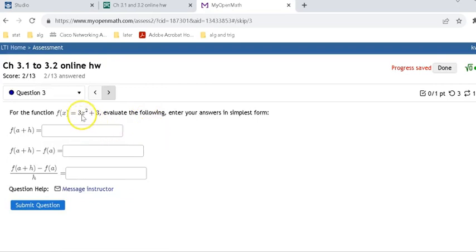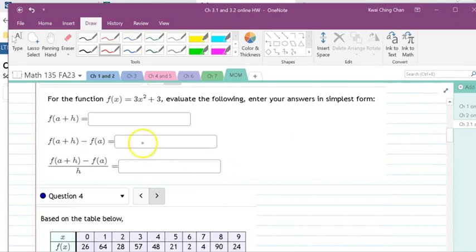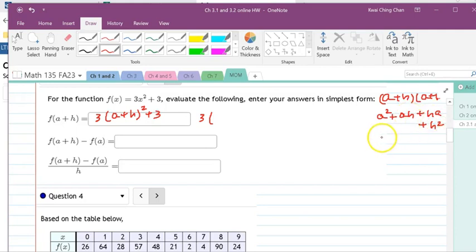Okay, so this is the more difficult one: 3x squared plus 3. And then we have to do f of a plus h. That means the input is x equals a plus h, so we need to FOIL the a plus h. If you FOIL it in class, you know a plus h times a plus h is a squared plus ah plus ha plus h squared. But ah and ha are actually the same thing, so we say a squared plus 2ah plus h squared.